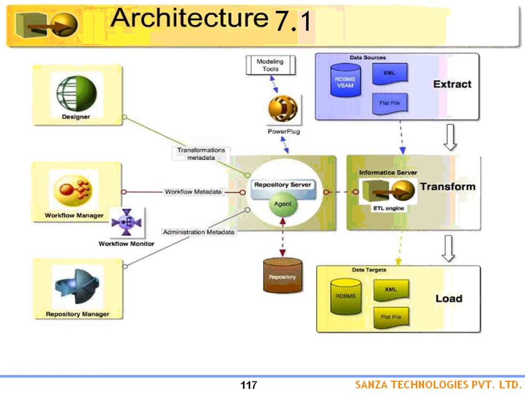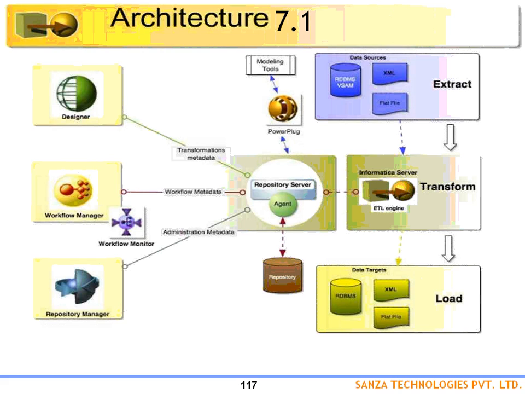In the workflow manager, you create the session and you create the workflow. You create and schedule the workflows. All this will be stored in the repository through the repository server. And when you execute the workflow, that information is also stored in the repository, and internally the Informatica server will get that information to process that workflow.